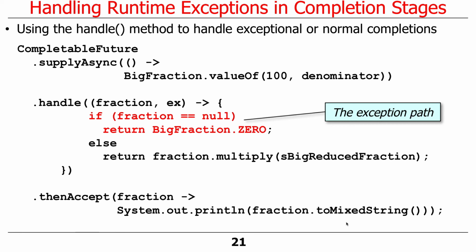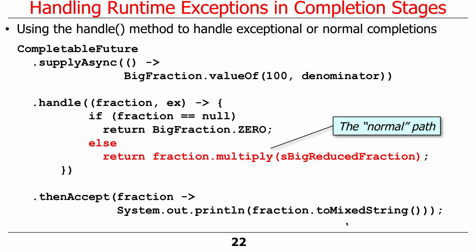We could throw an exception also, but we're just going to swallow the exception and return a 0. Otherwise, we're going to multiply the fraction that we got back by this constant. And then when we're done, we'll print the result out. So that's handle. Handle gives you a chance to differentiate between the normal case and the error case.